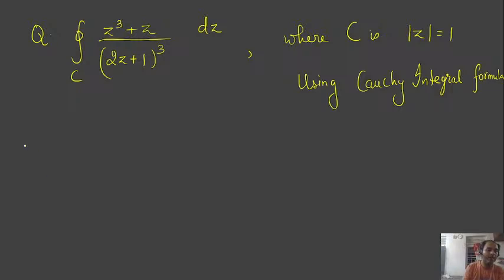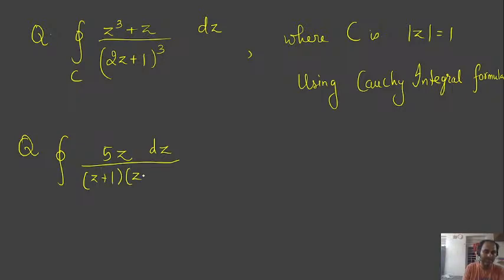Okay, and second, you can also try this example, which is the integral of phi z dz over z plus 1, z minus 2, z plus 4i, over the curve.